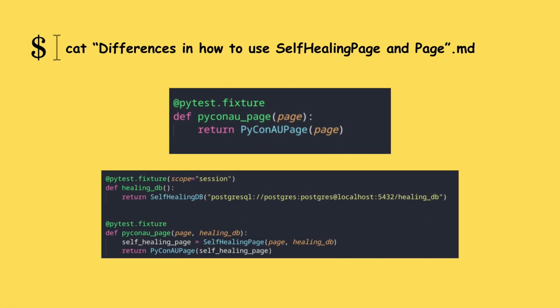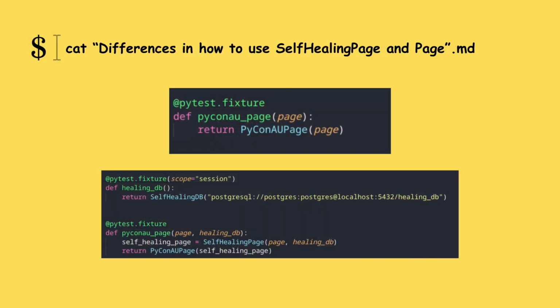The second way, we need to create a page object with healing capabilities, which I called self-healing page in snake case. Since we can't pass the fixture page from PyTest Playwright directly to PyCon AU page, we pass it to the class self-healing page to build a page with healing capabilities that we want to pass to PyCon AU page.